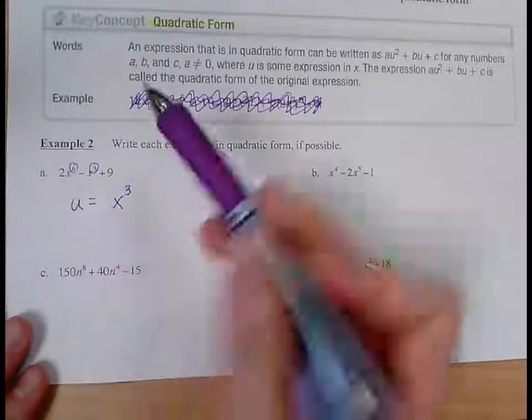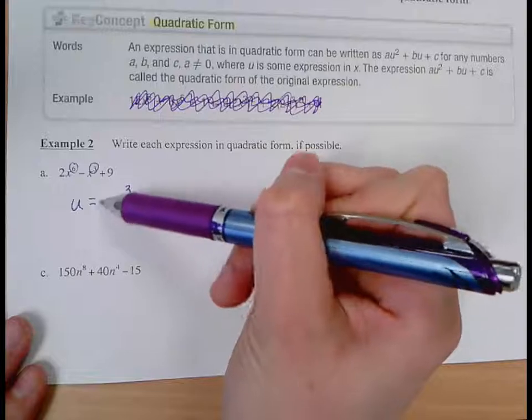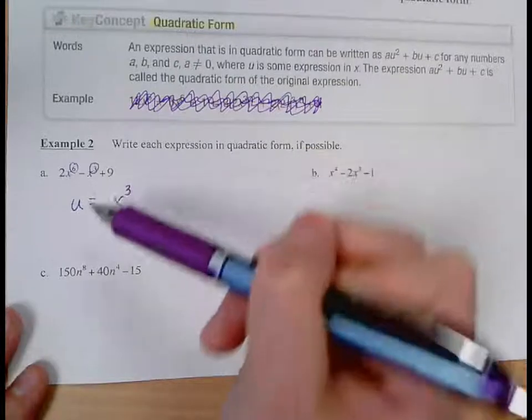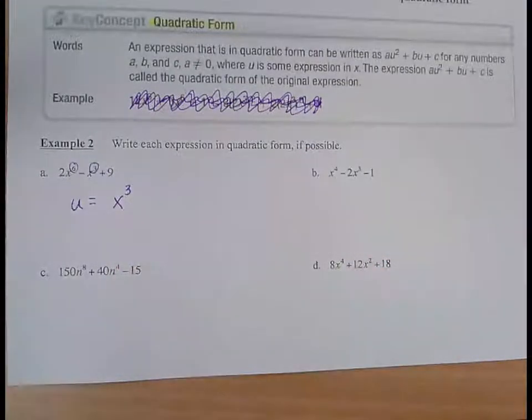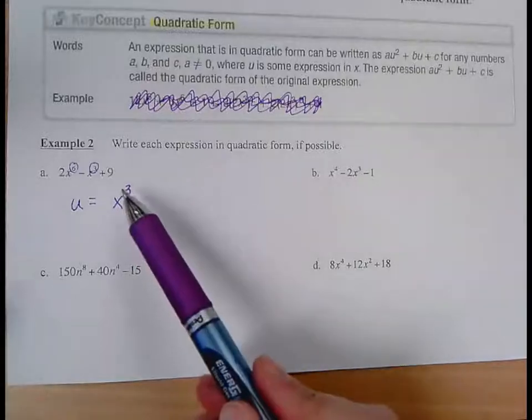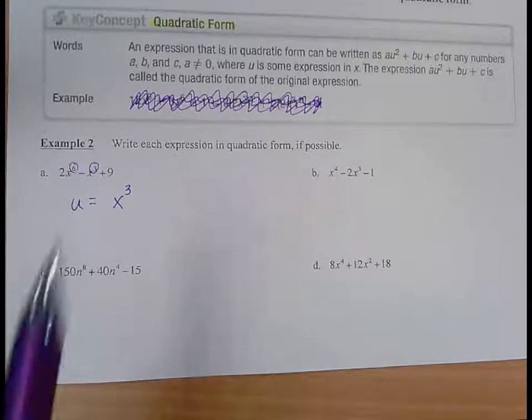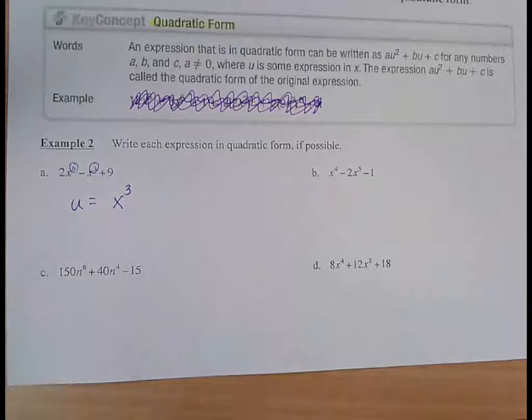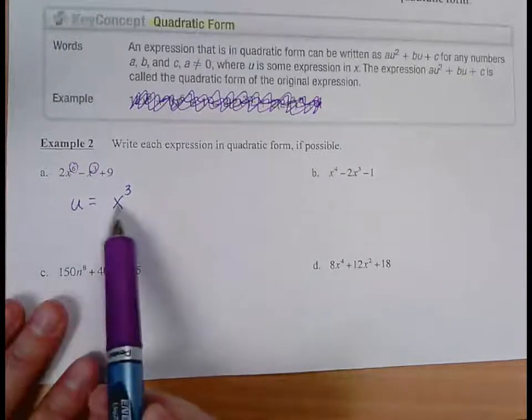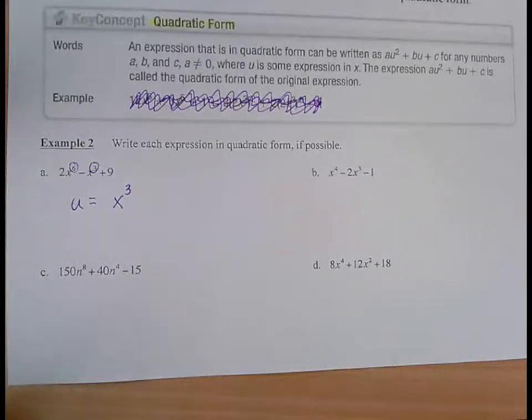Sometimes u will also include a coefficient in front of the x. In example A, it doesn't. It will in some following examples. I'm going to explain more in those how you determine whether there's a coefficient or not. I just want you to see the idea in part A here. So my entire u for this one is just x cubed.